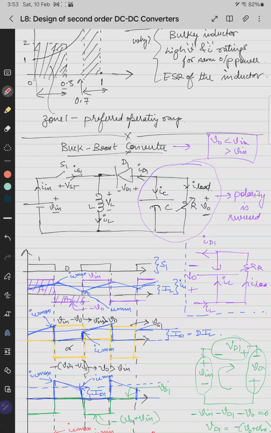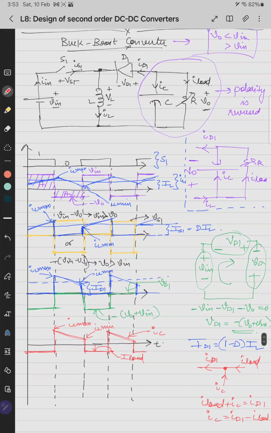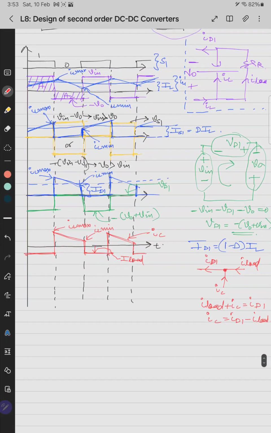You can call the current through the inductor as ripple plus some average value, and the current through the diode can be the half ripple during the off time plus average value. That average value goes to the load, and the remaining ripple goes to the capacitor, just like a boost converter. So again it is A3, A4, like this.